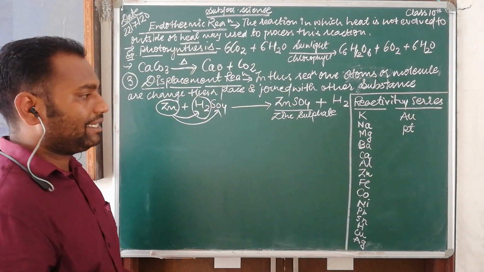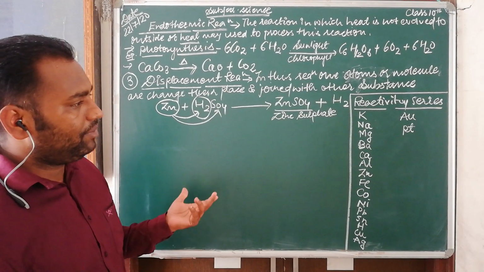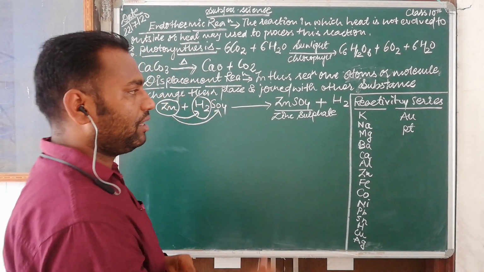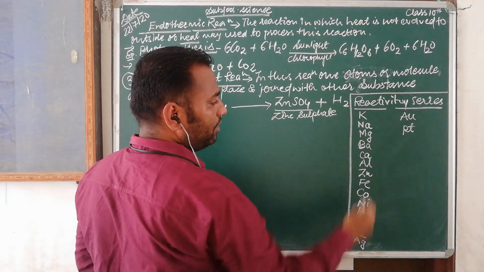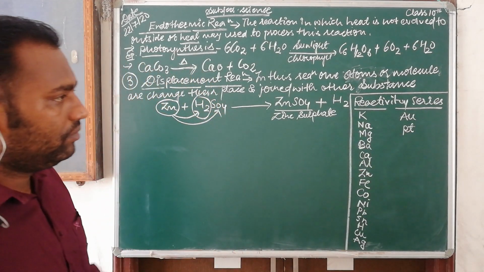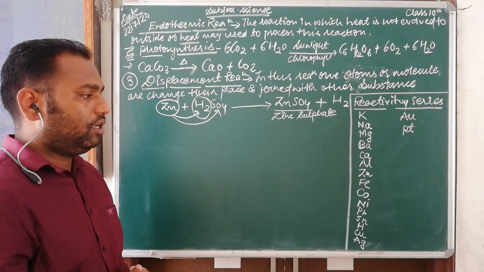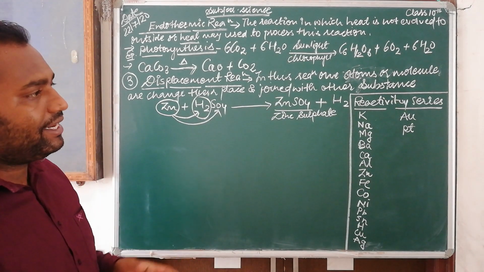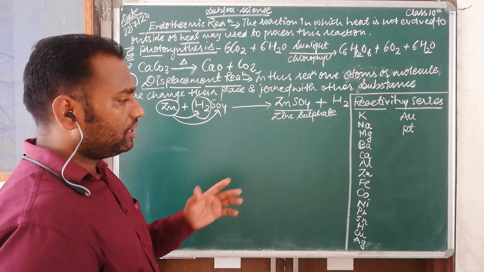So this is our activity series. Sometimes barium is placed above magnesium, no problem, it is not a huge problem. In your book 9 or 10 are given, we are writing 15 here.